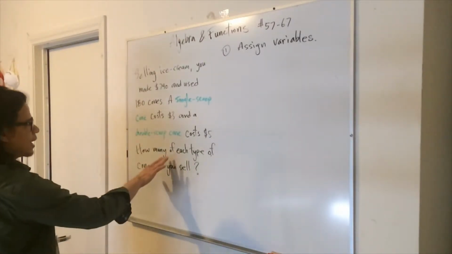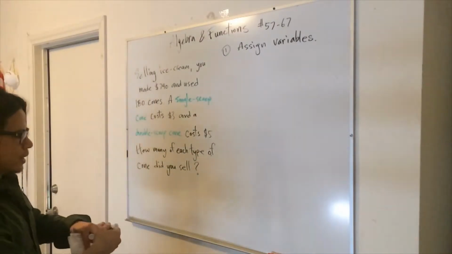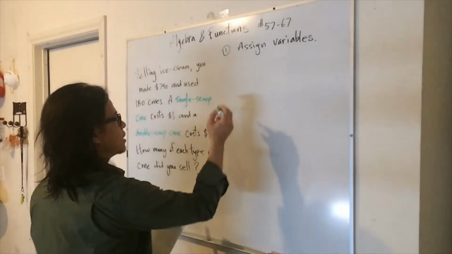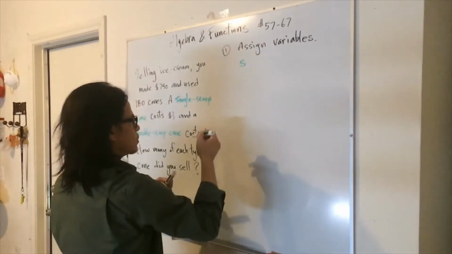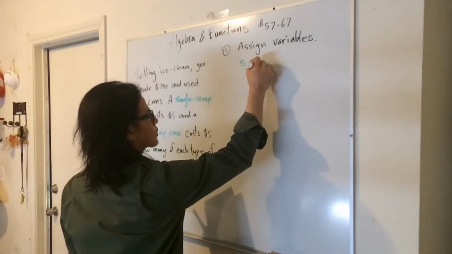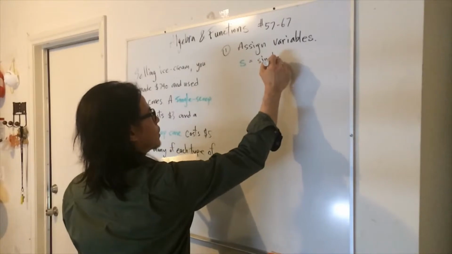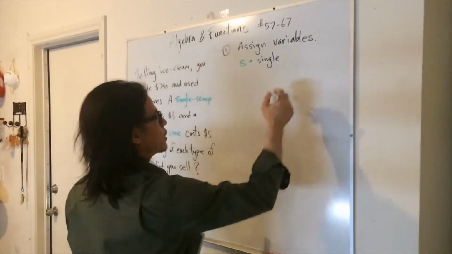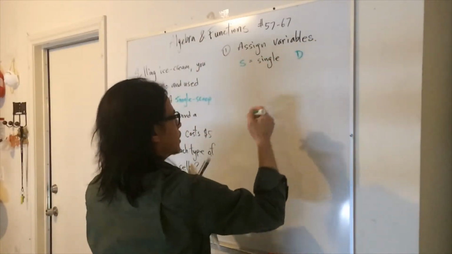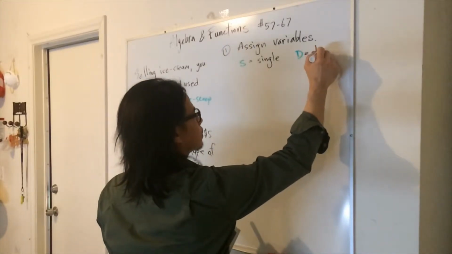Remember, we ultimately asked how many of each type of cone did we sell. So let S be the single scoop cone and D will equal the double scoop cone.